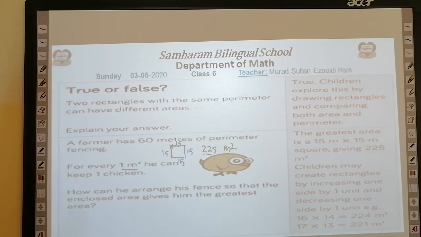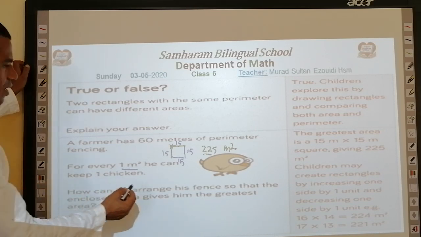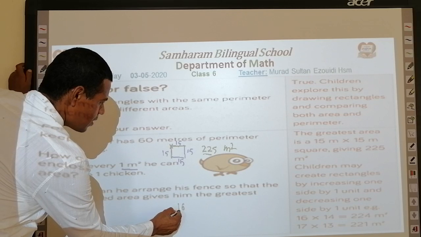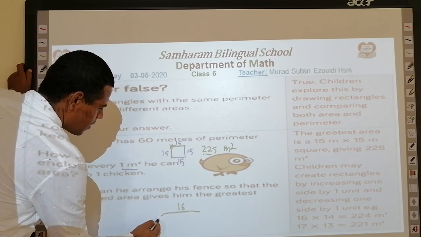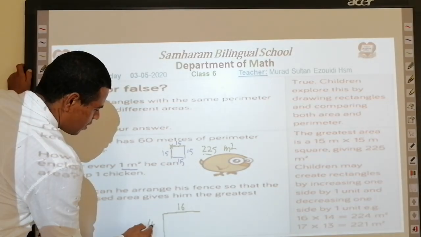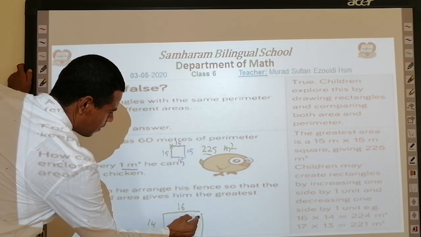Or also, students may create rectangles by increasing one side by 1 unit and decreasing the other side by 1. Okay? For example, you can make this 16 and this 14.